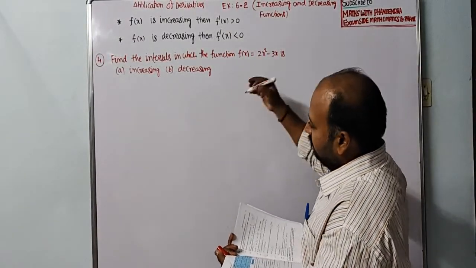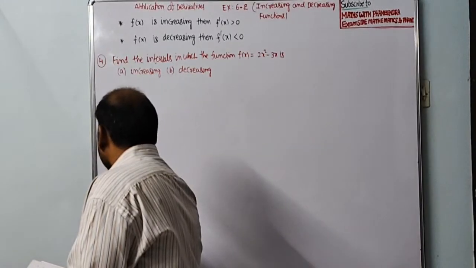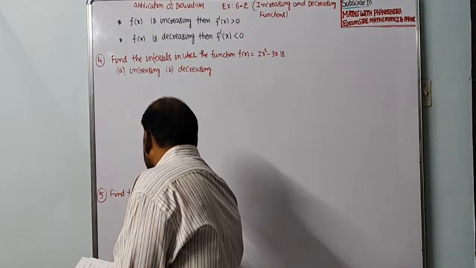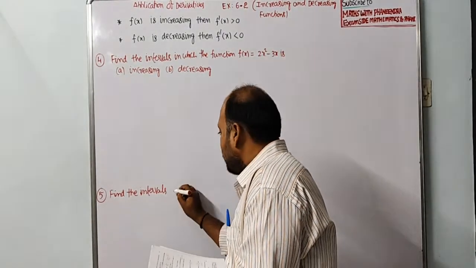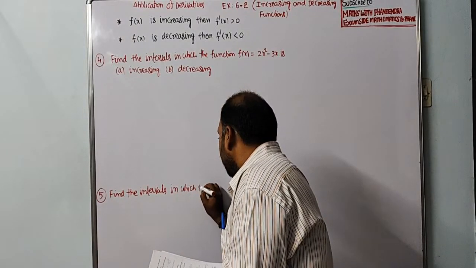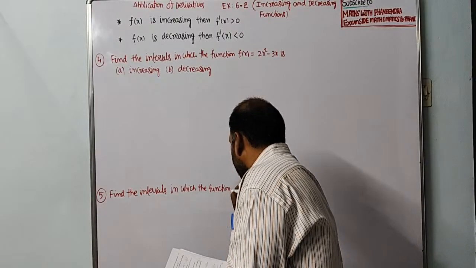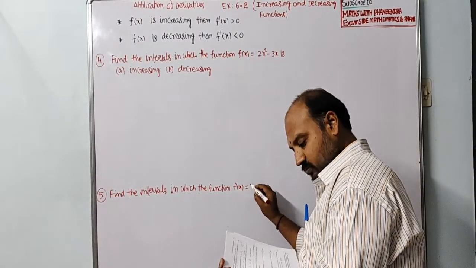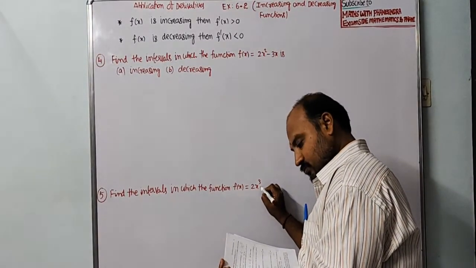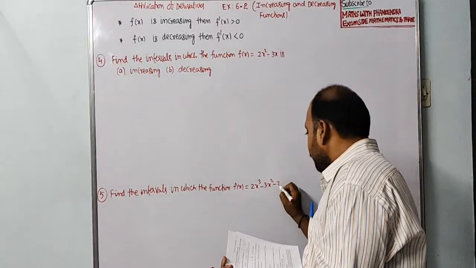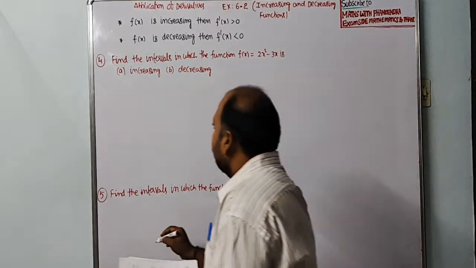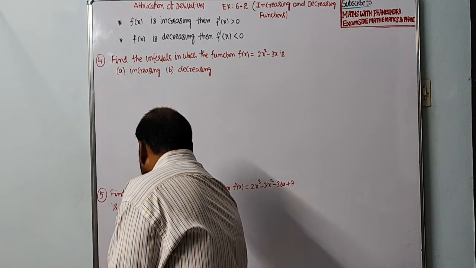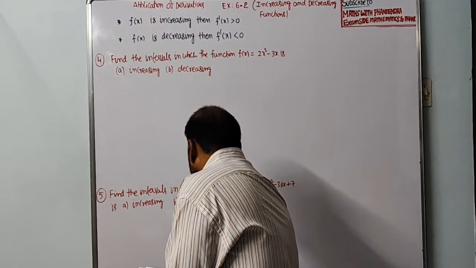Next question number 5. Find the intervals in which the function f of x given by 2x cube minus 3x square minus 36x plus 7 is increasing, decreasing.